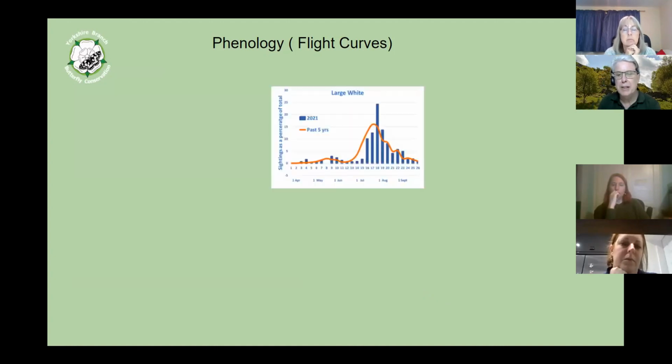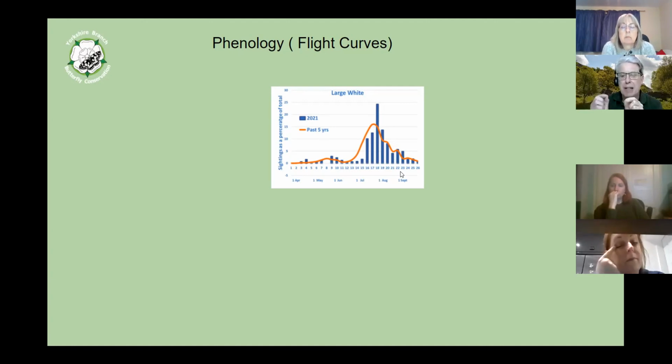So the large white, you'll see a big gap here. What you see here is the amount seen on our transects. And these are going to be the graphs that now appear in our annual review, published each year. This is actually a percentage of total, so the whole of the year is 100%.